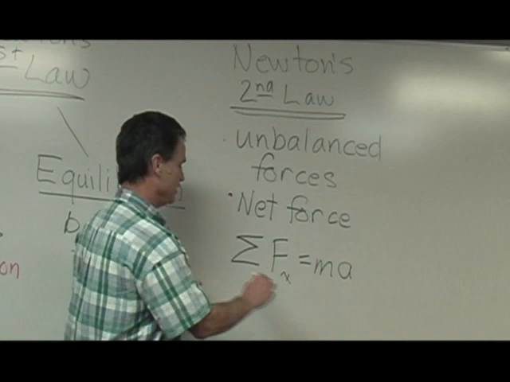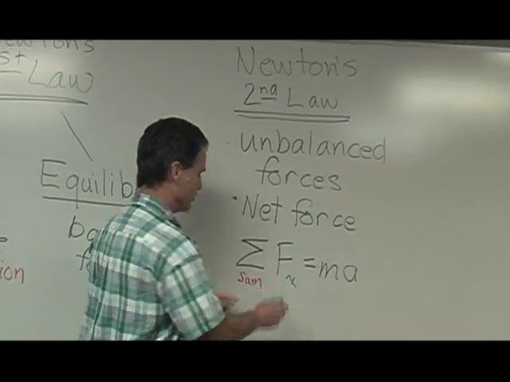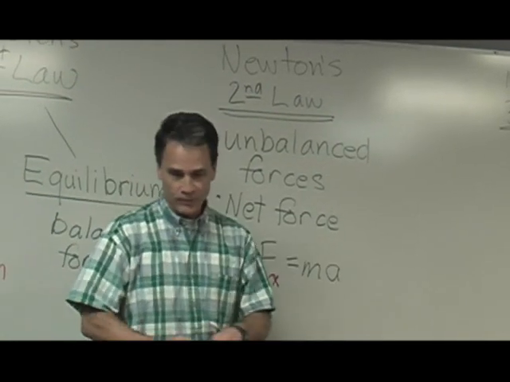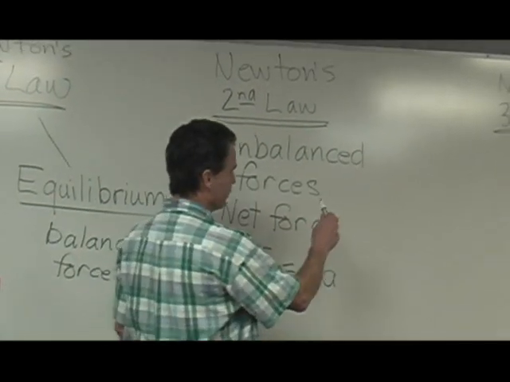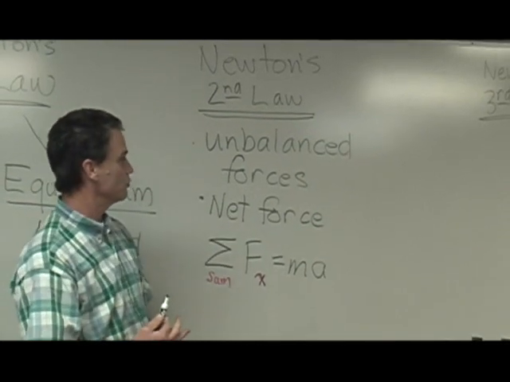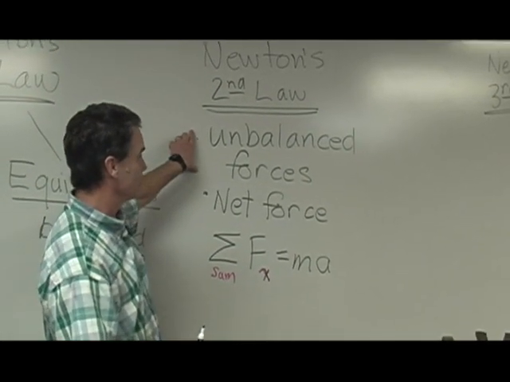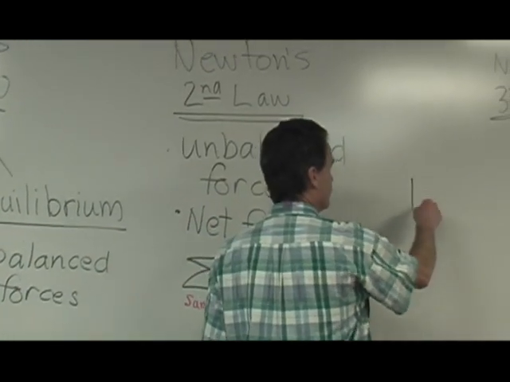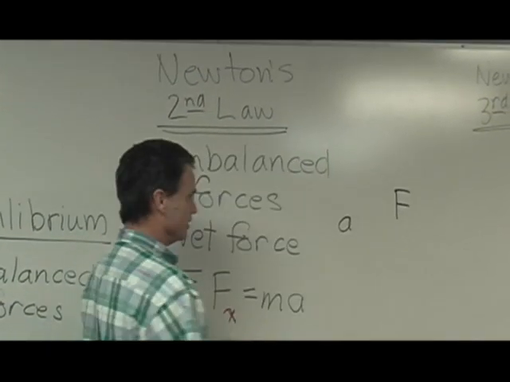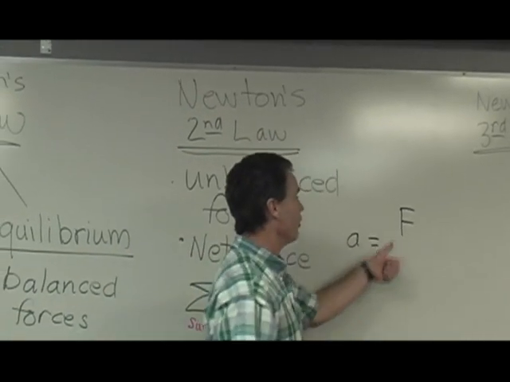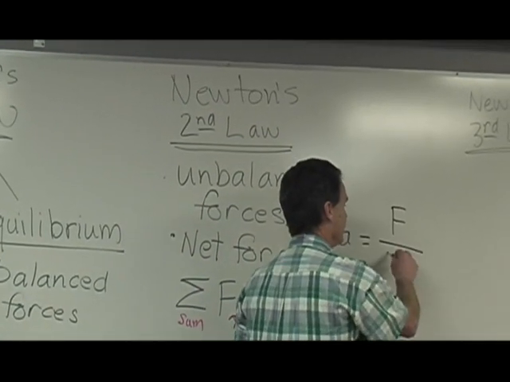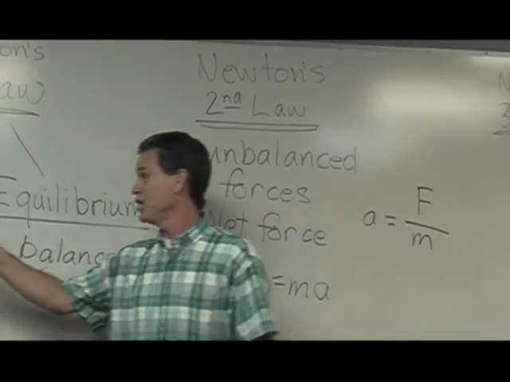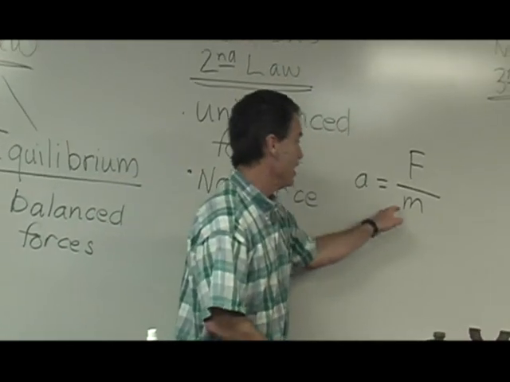This symbol just means the sum of the forces, for instance, in the x direction. Now, what we know is that the amount that an object will accelerate because of these unbalanced forces is in proportion to the force. So rewriting this, the acceleration is going to go up with the force, and it will be resisted by the mass or the inertia that the object has.